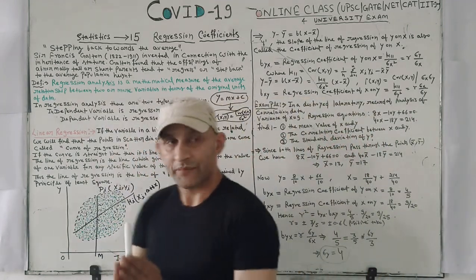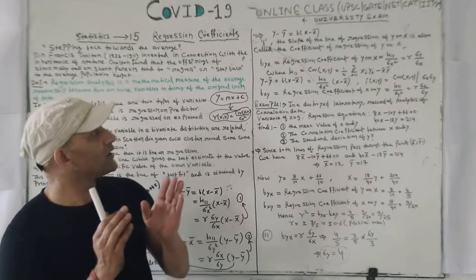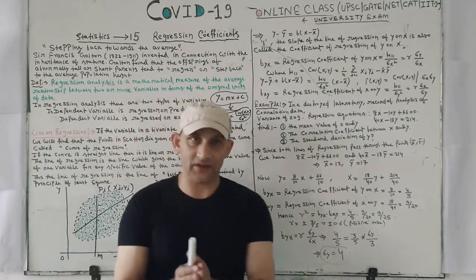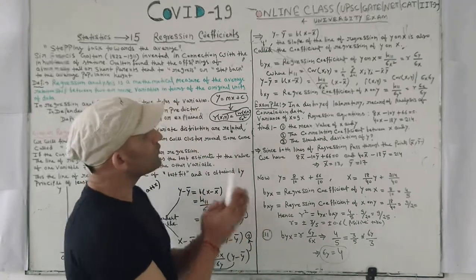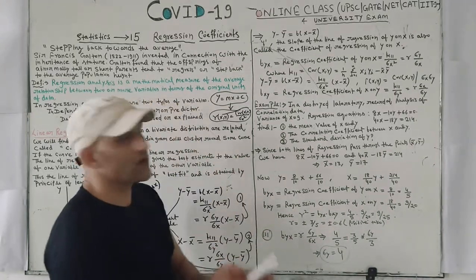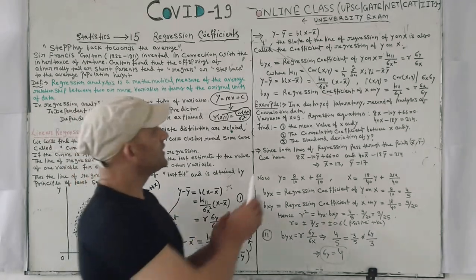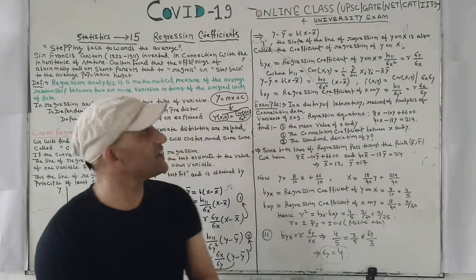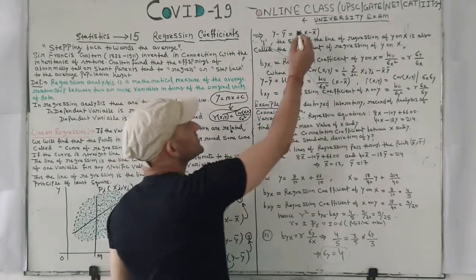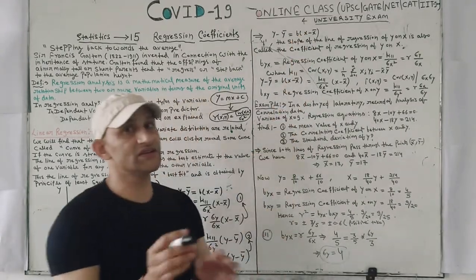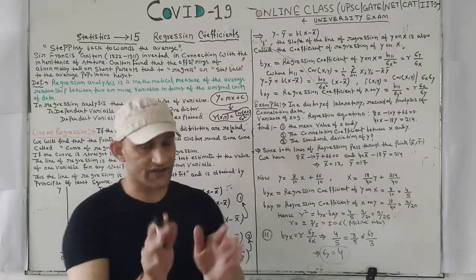You must note it. What is the meaning of the coefficient of regression? Again I am repeating: b is the slope of the line of regression of y on x. It is also called the coefficient of regression of y on x.